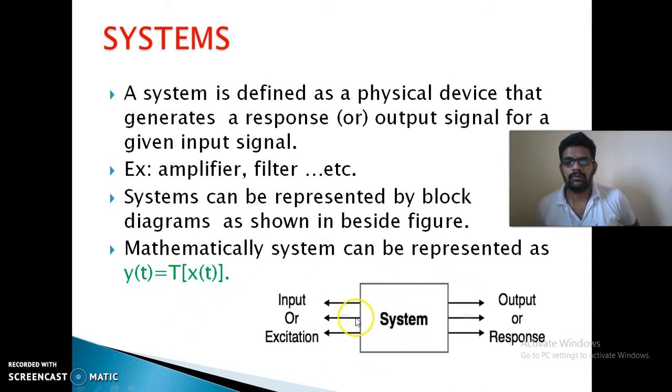System inputs are excitation, outputs are the response of the system. A system is defined by its impulse response, and the system output is identified by the input impulse. That will be discussed in the coming sessions. So the system's mathematical equation is y of t is equal to T of x of t, and this is the block diagram of a system.